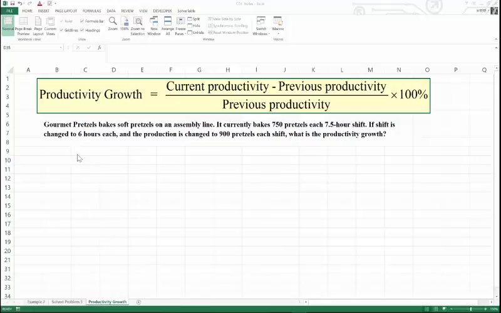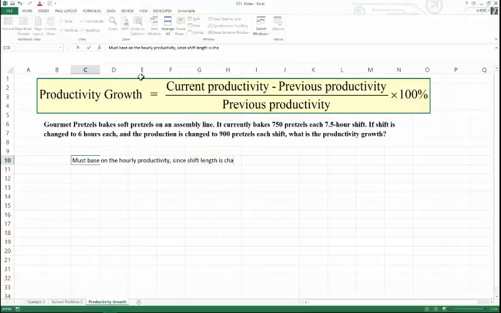So we cannot use the shift as the base. We must base it on the hourly productivity, since shift length is changed. So this is one thing.